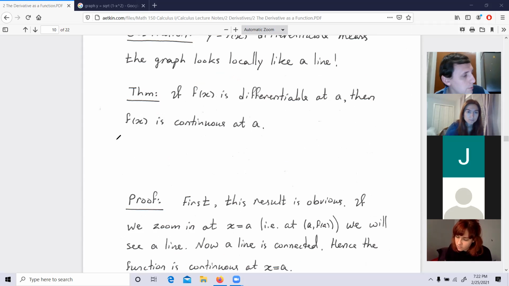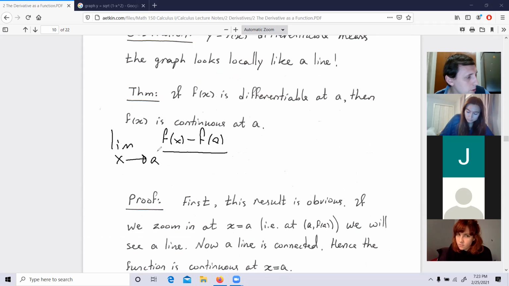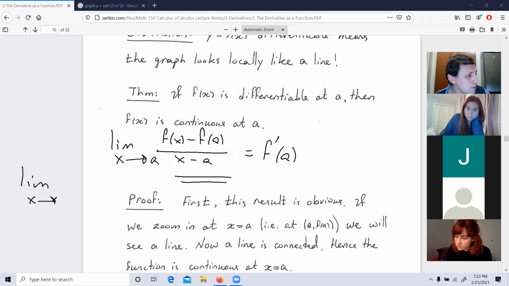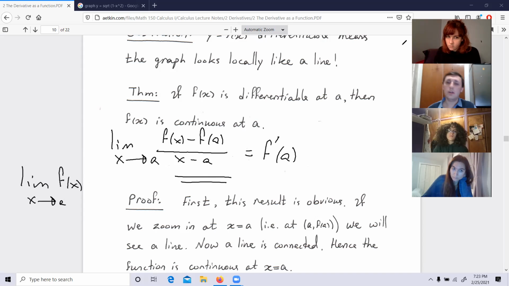If the function is differentiable at a, then this limit exists. It's equal to some f prime of a. So assuming that we know that this limit exists, do we know that this limit exists? I'm doing it no longer with intuition, but just as a robot, formally. Can you prove that the limit as x goes to a of f of x exists?